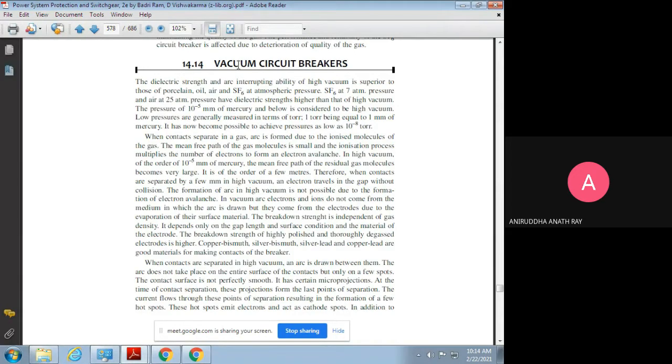However, SF6 at 7 atmospheric pressure and air at 25 atmospheric pressure have dielectric strengths higher than that of the high vacuum.